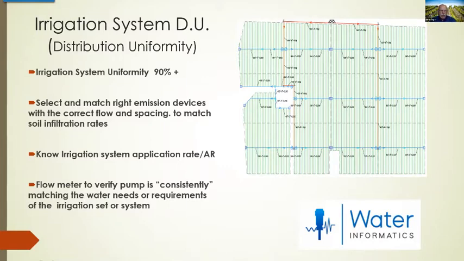One thing that I talked about a little bit was to know the flow of your pump and verify it so it consistently matches your water needs, right? So here's what happens typically in most growing environments. Most people want to run their system off peak, which means from Friday at 6 and they go all the way to Monday at noon.